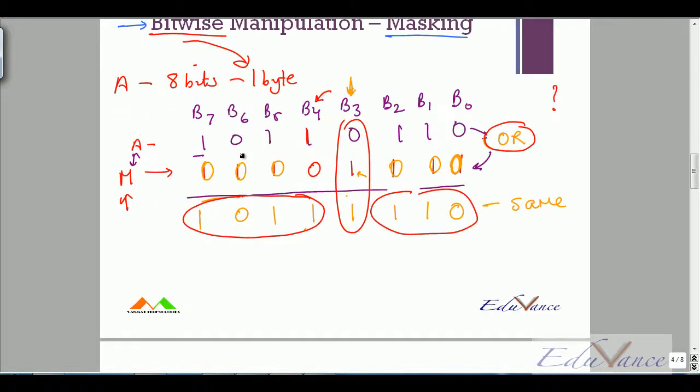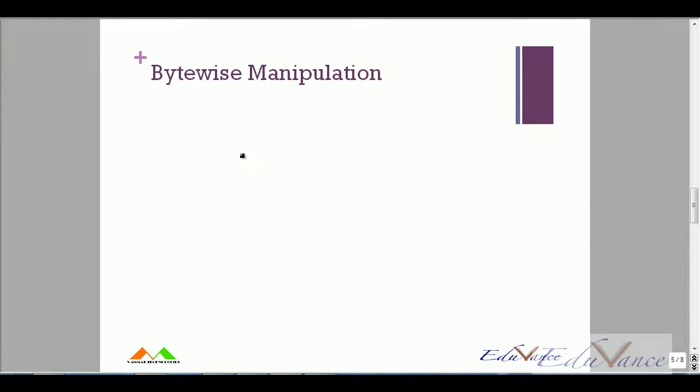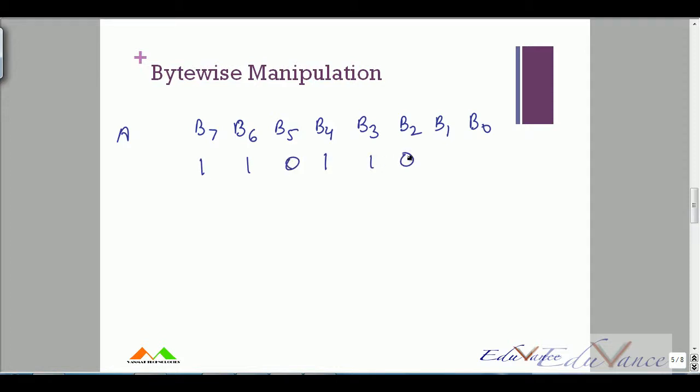Okay. Now what if I want to manipulate the entire byte? For example, let's write the value again. We have the byte A, B7, B6, B5, B4, B3, B2, B1, B0, and let's give it a value 1, 1, 0, 1, 1, 0, 1, 1.